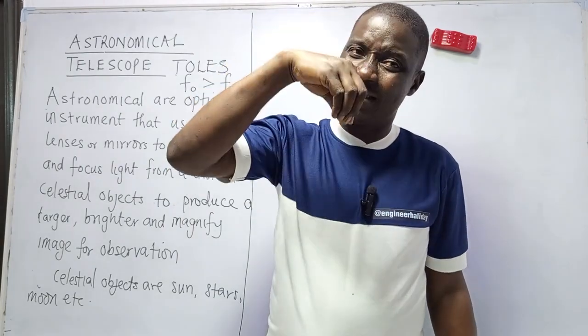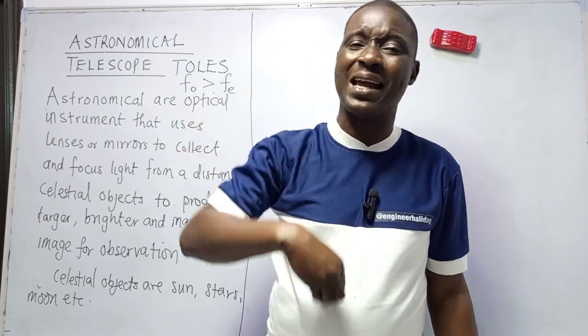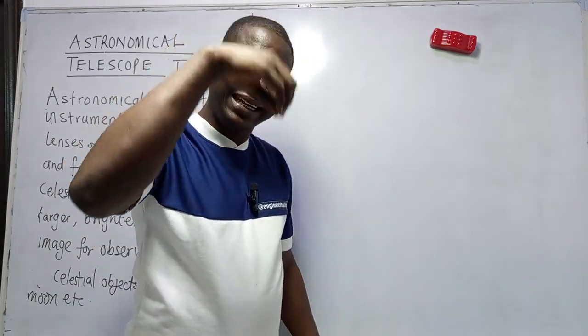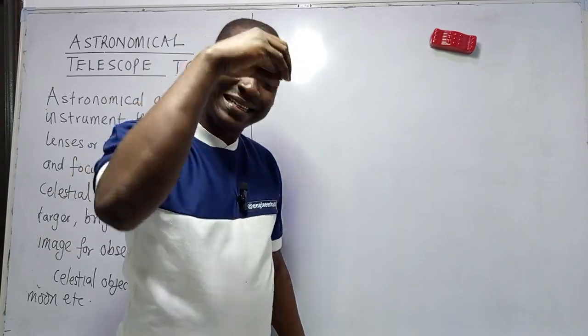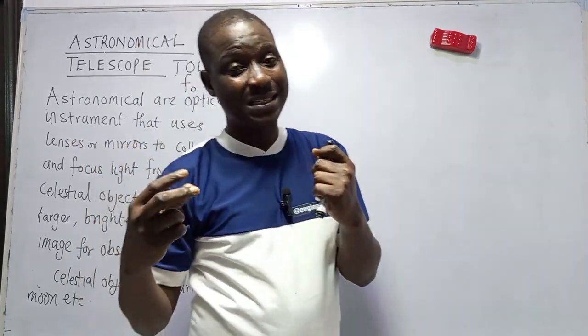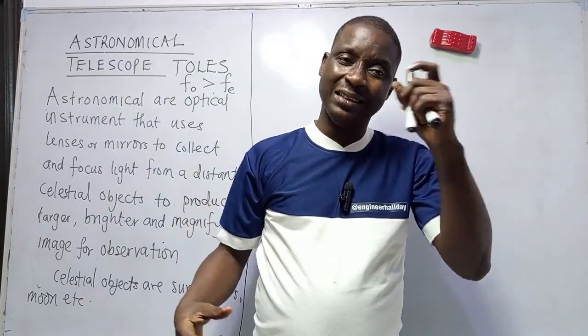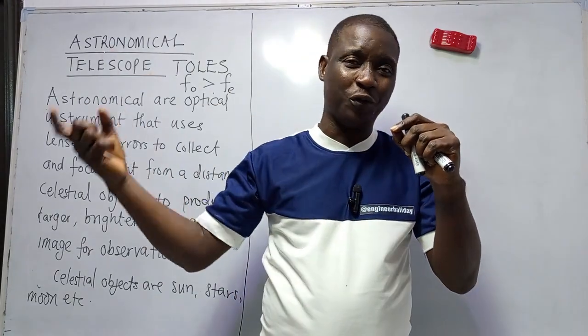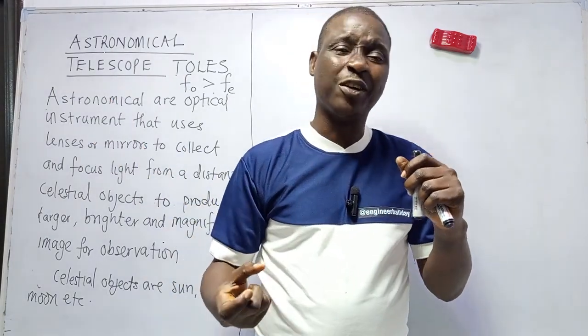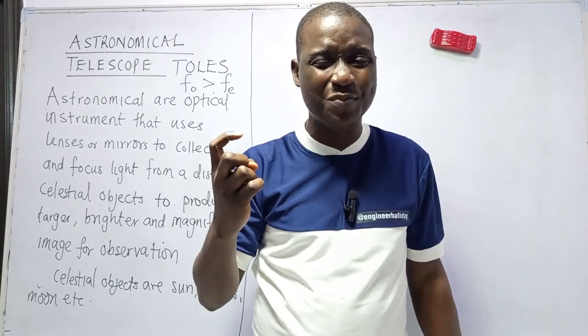because the eyepiece is the one acting as the magnifying glass. The lens that acts as a magnifying glass is what we call the eyepiece lens. We have two lenses. One is going to pick the object. The other is to take the image from the objective lens and use it as a magnifying glass to magnify the image.